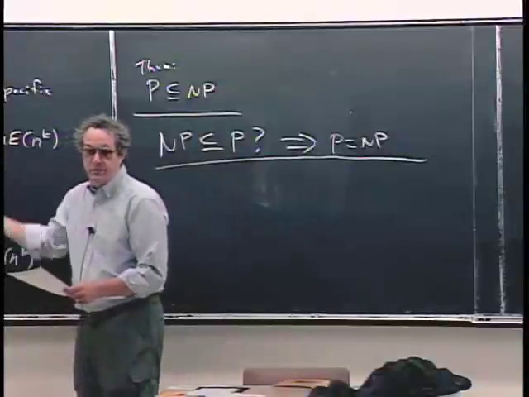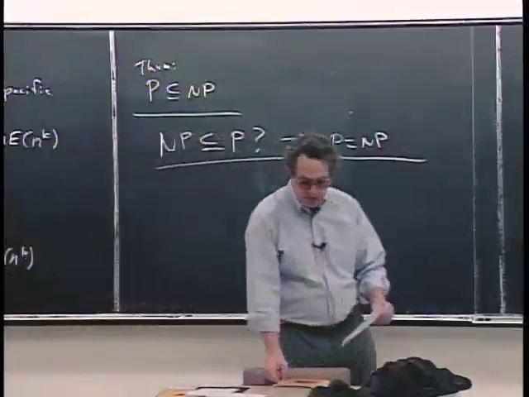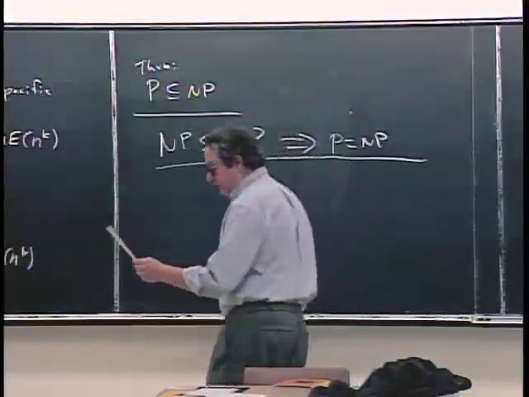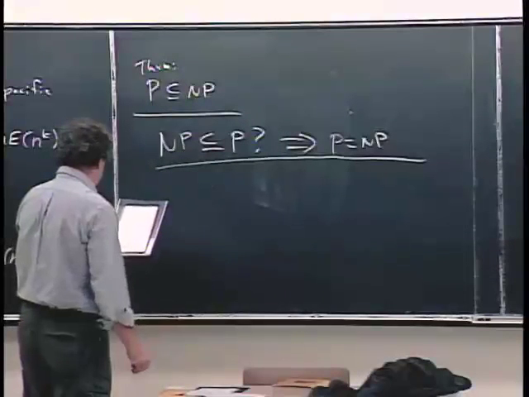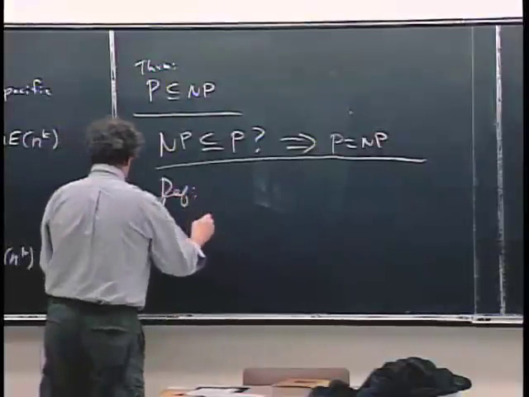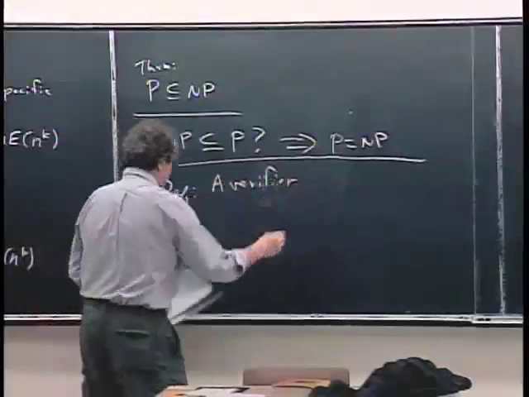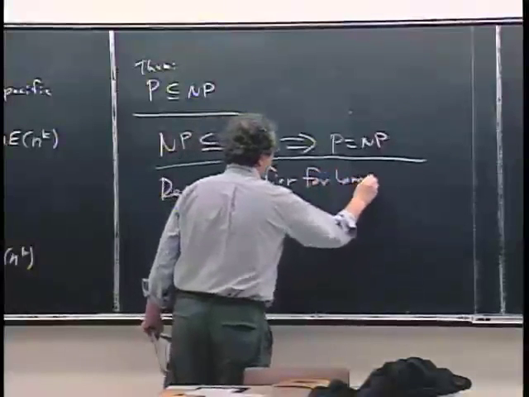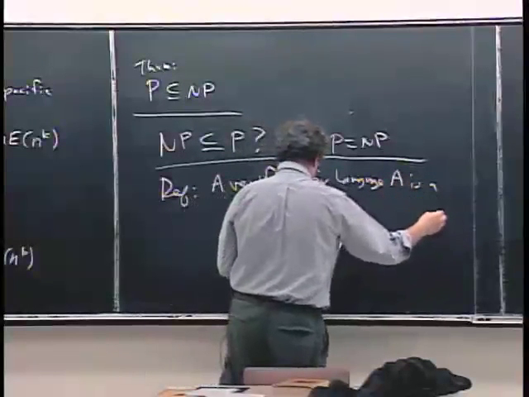It defines a different version of NP, which is commonly used. I don't think it really is necessary in this, but since it's in the book and it's commonly used, let me define this. A verifier for a language A is a Turing machine.